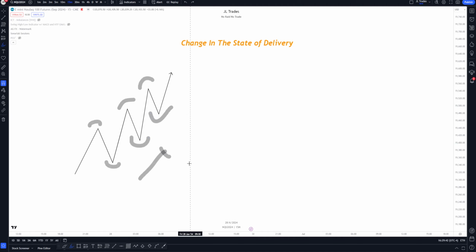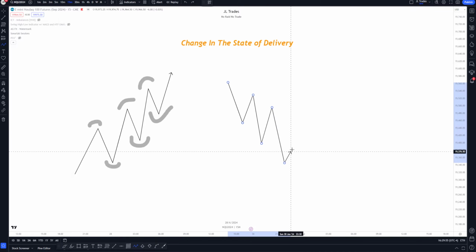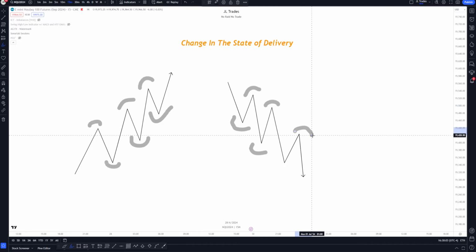This is a bullish order flow, okay? Bearish order flow is lower lows and lower highs. Okay? We have a lower high, lower low, lower high, lower low, lower high, lower low, and so forth.